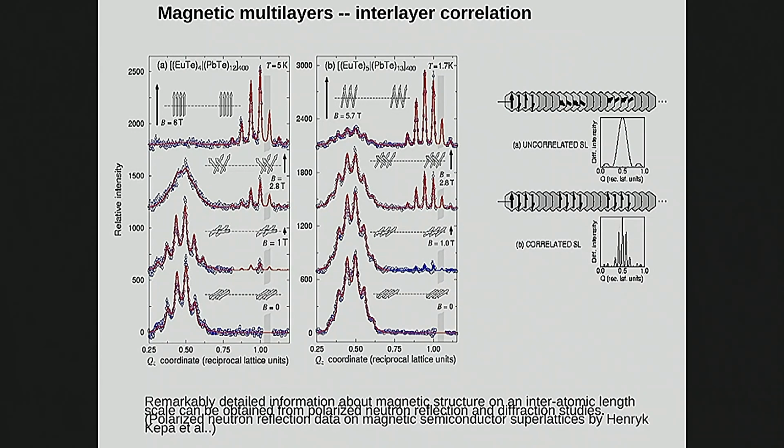So not only do we get information about the local magnetic structure, but we get information about how those local magnetic structures interact with other local magnetic structures a distance away across these intervening layers. So this tells us about interlayer correlations, interlayer exchange coupling, for example.